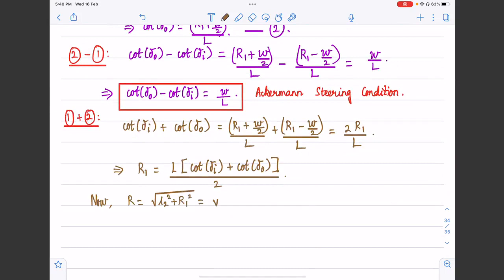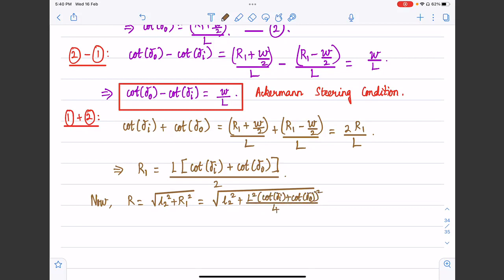Then we essentially are going to substitute the expression for R1. So this is going to be L2 square plus L square times cot of delta I plus cot of delta naught whole square divided by 4.